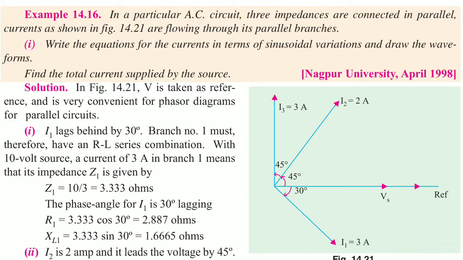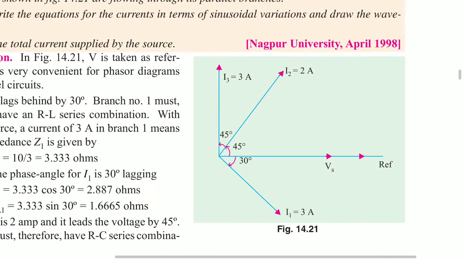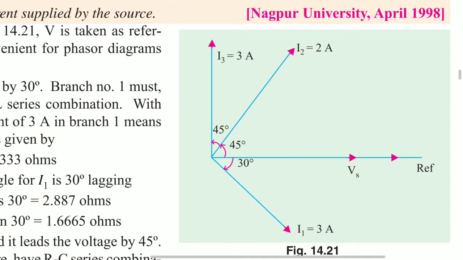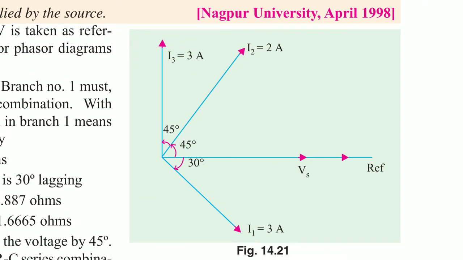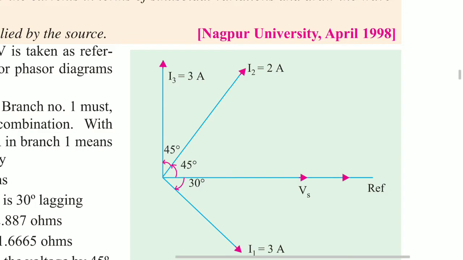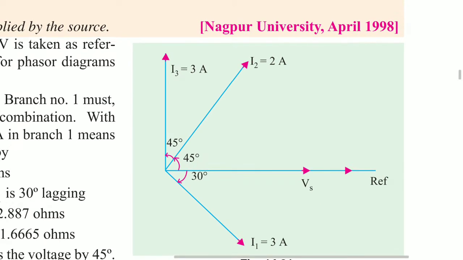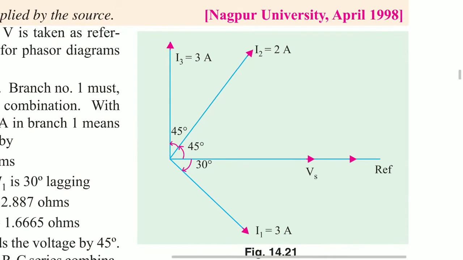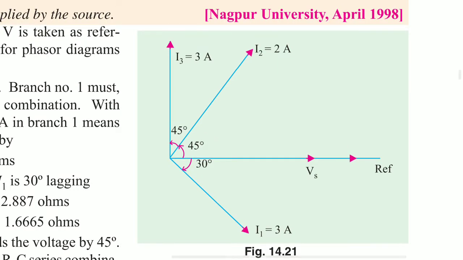So Z1, Z2, Z3 are connected in parallel. Currents are shown in the figure. This is I1, I2 and I3, and they are drawn in the phasor diagram.